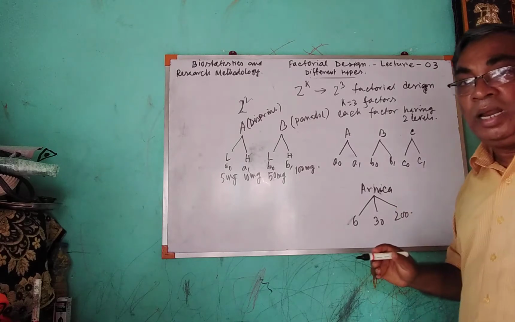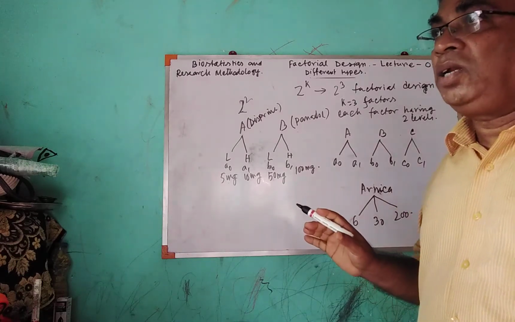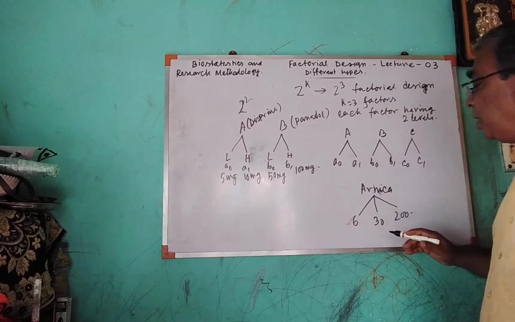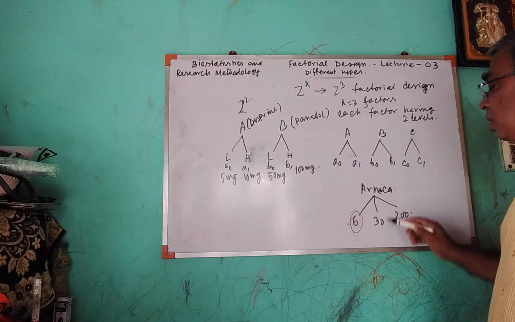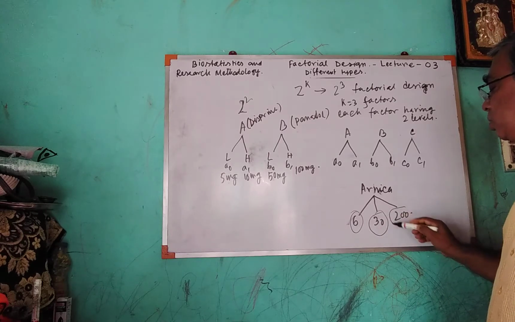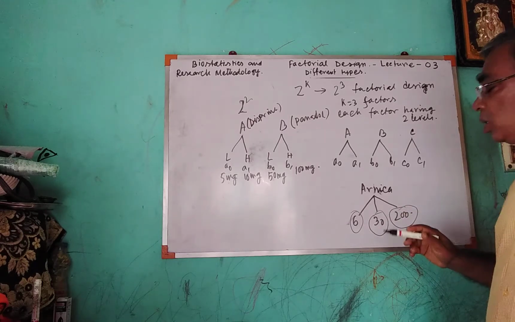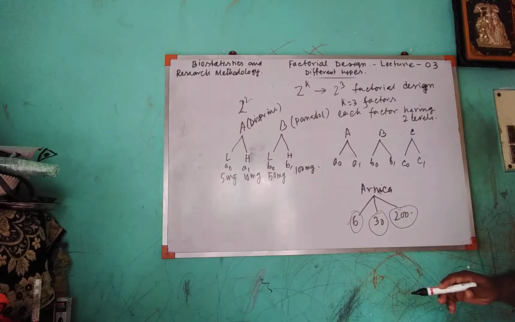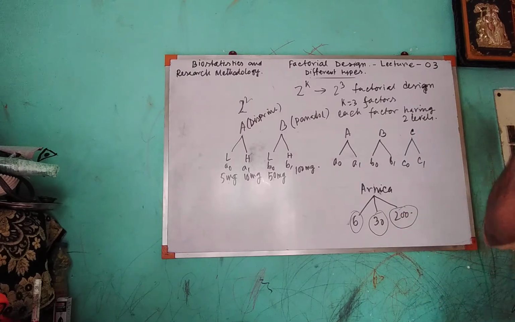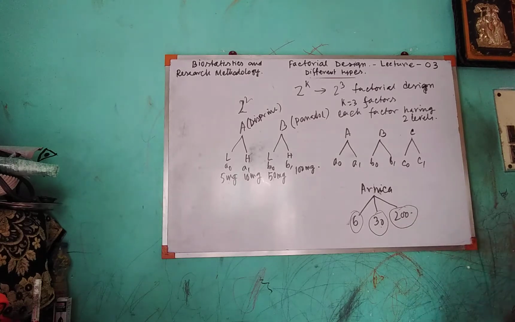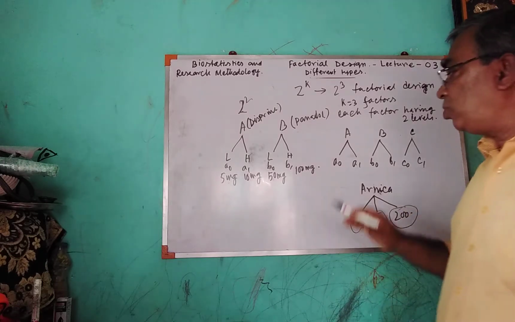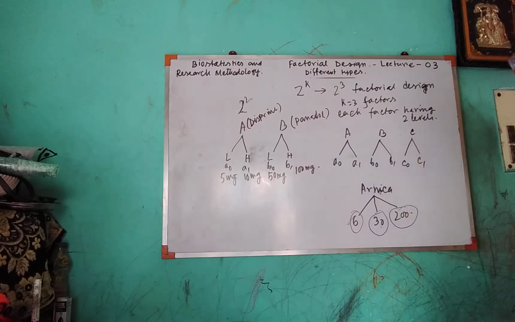So Arnica has 3 levels. Sometimes doctors apply potency 6, potency 30, or potency 200. Doctors prescribe Arnica 30 as a painkiller. So 6, 30 and 200 are different levels. This is actually what a level is.